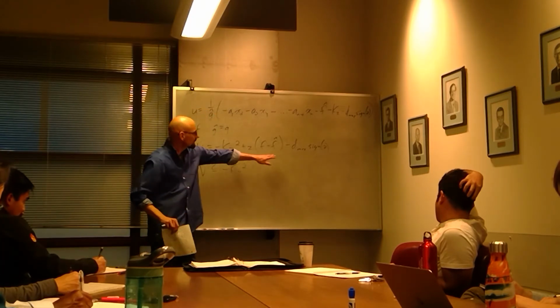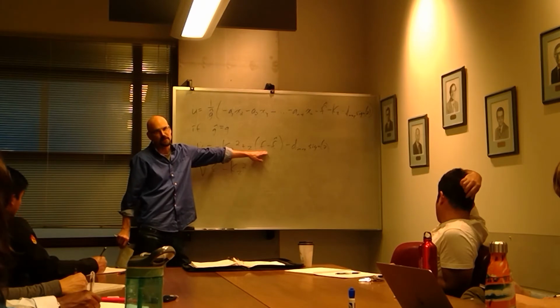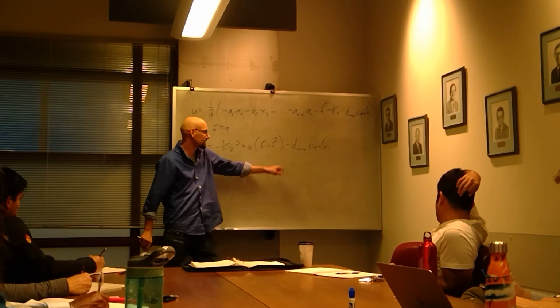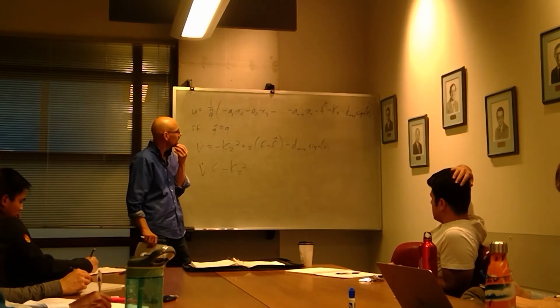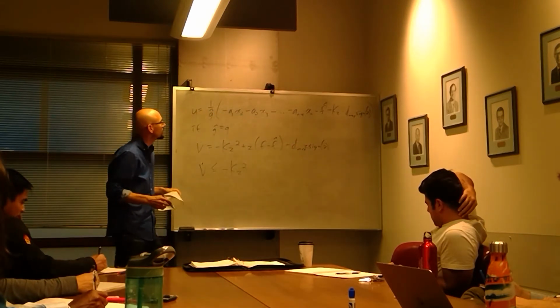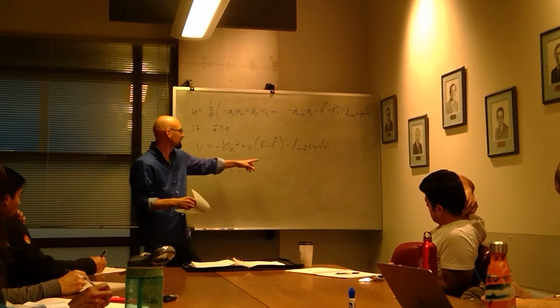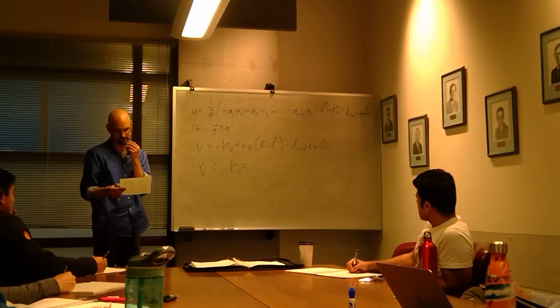In other words, this term always is bigger or equal to this term in magnitude. But because this has a negative sign, whoops, I missed the z there. Sorry, z sign z. So z sign z will be negative.